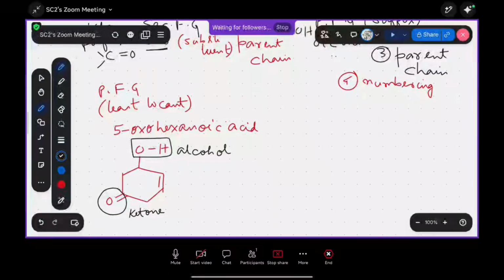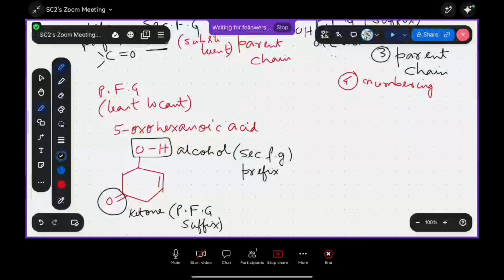Now, according to the priority list, ketone becomes the principal functional group, and we will use the suffix for that. And alcohol, being at the lower position, becomes the secondary functional group, and we will use the prefix for that.